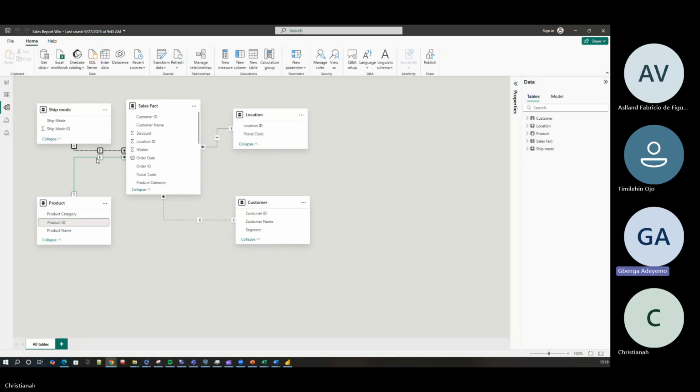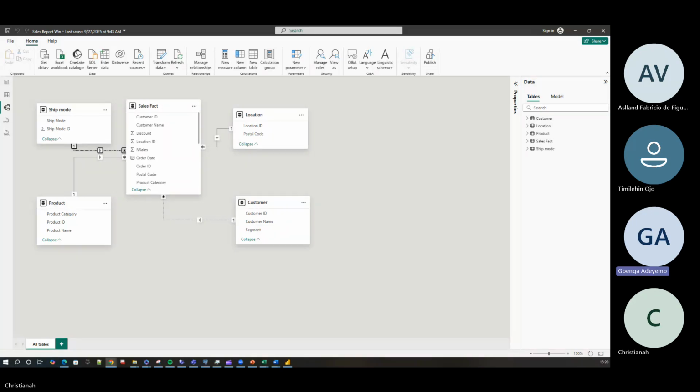And I saw that Christina, on your sales table, you still have ship mode inside your sales table. Why? That's not what I taught you guys, and that's not what Astra taught you guys. When you are building a star schema, what did he tell you about star schema? The only thing that will represent your dimensions in the fact table is their keys.